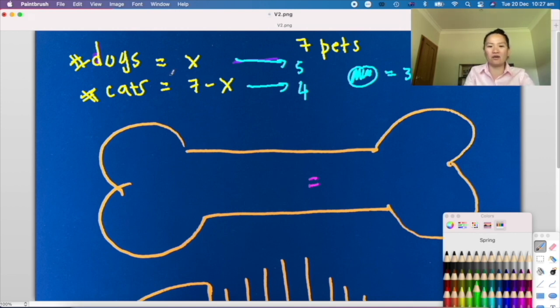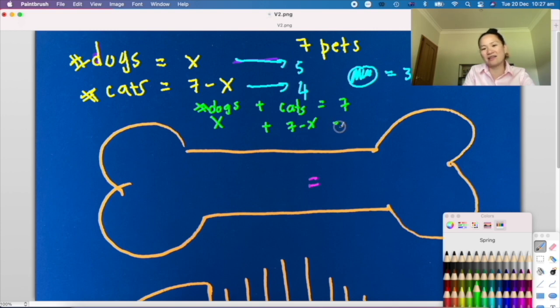Number of dogs plus number of cats equals 7. So it's x plus 7 minus x equals 7. If you don't believe me, you solve it. Yes, it is.